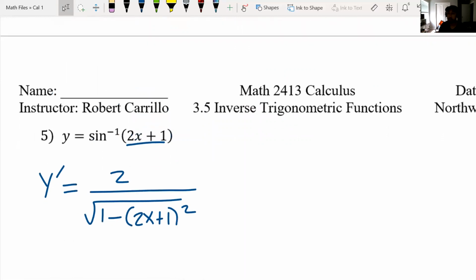Now the question is, can we simplify more? Yes. Let's try it out. So we're going to have to expand that down below.